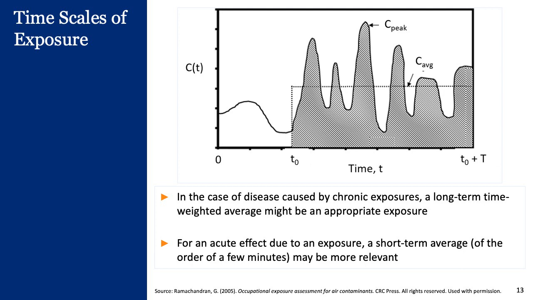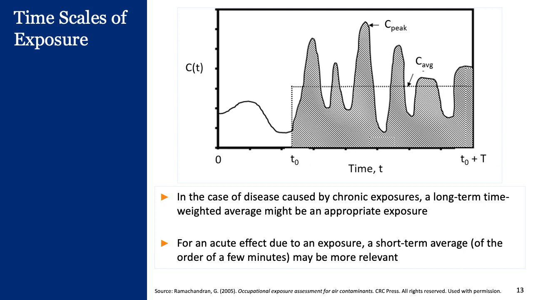The area shaded under the curve is equal to the area bounded by the rectangle, and the width of the rectangle is capital T, so from t0 to t0 plus T. And on the vertical axis, the height of that rectangle is C average.